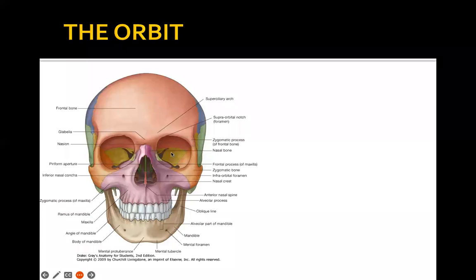Now, what are the contents? Bismarck also is right on point, superior orbital fissure. And let's look at the contents. What do you think will be passing through the superior orbital fissure?